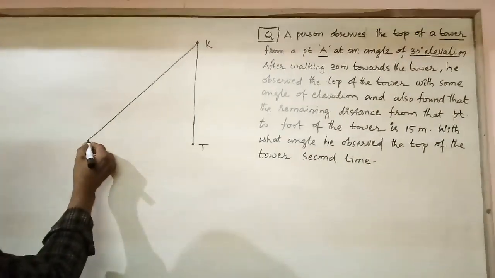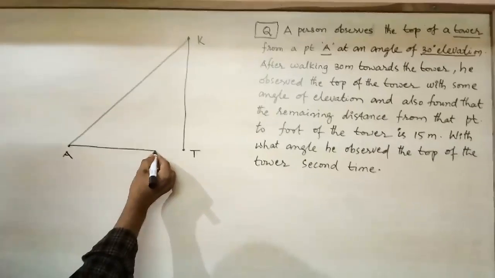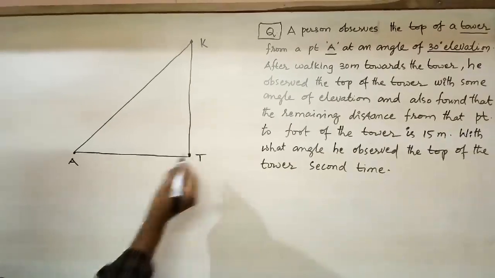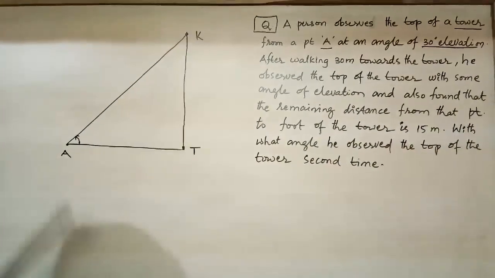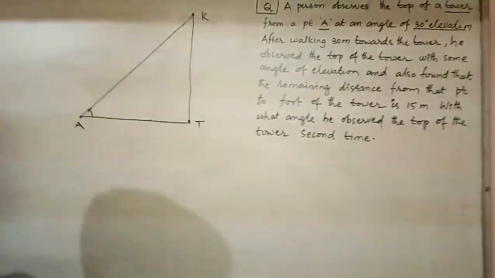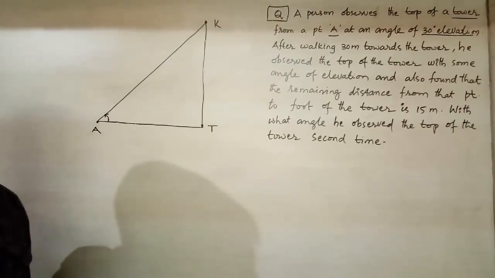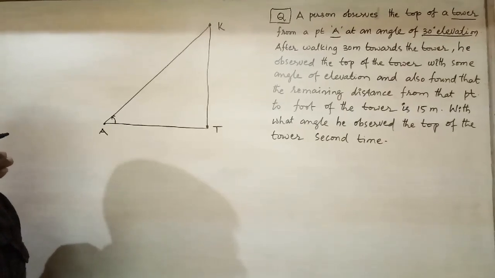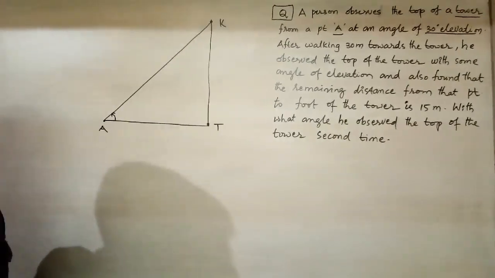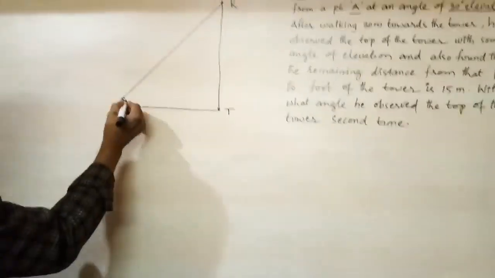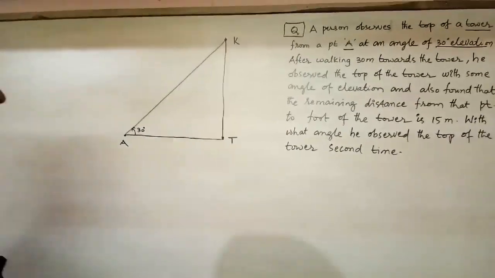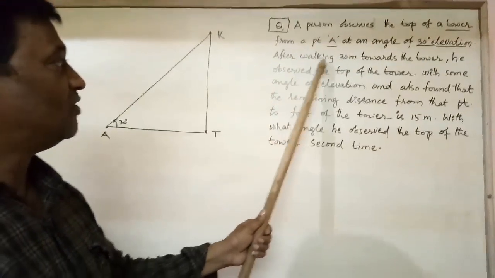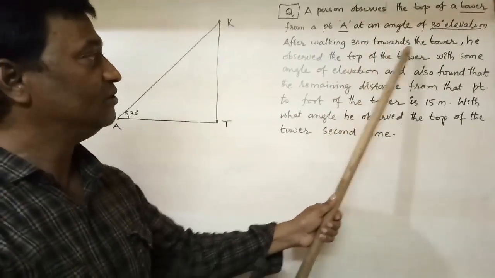If we join the foot of the tower here, from this point he rotates his eyes 30 degrees, the 30-degree elevation, after walking 30 meters towards the tower.